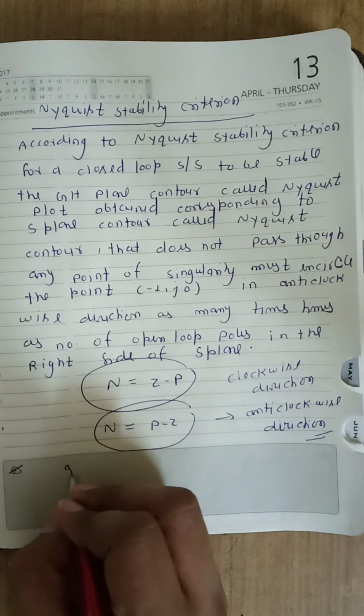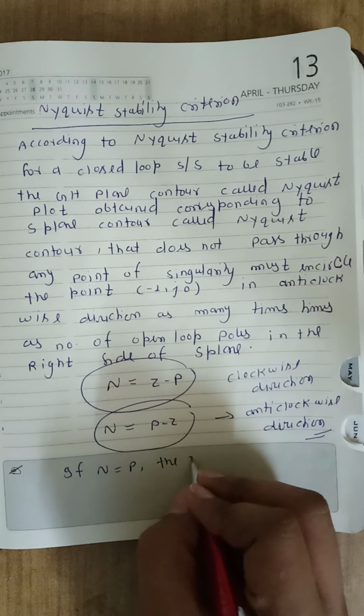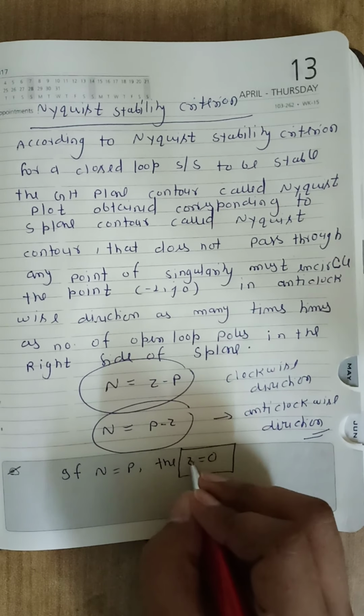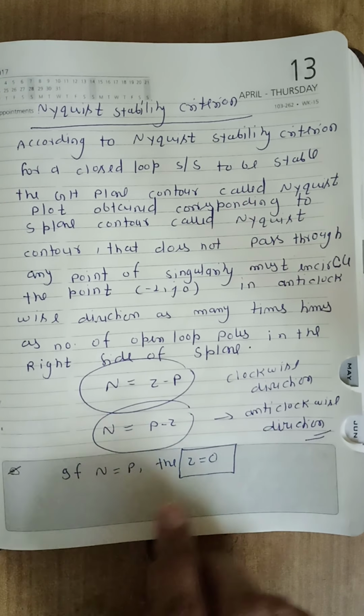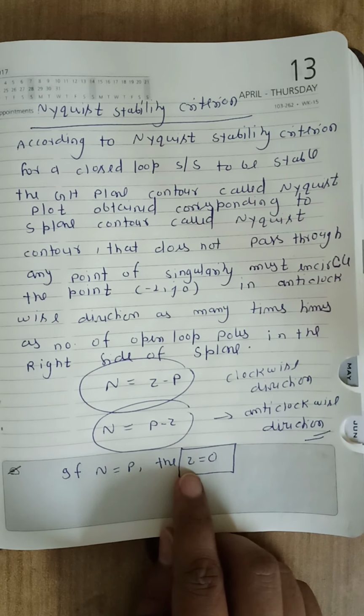So if we have n equal to p, then z equal to 0, means there is no pole. Here z will not define 0 for the closed loop system. Here z will define number of poles of closed loop transfer function, or number of zeros for the characteristic equation.